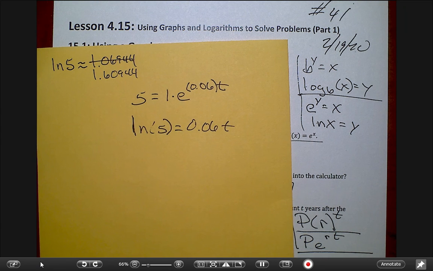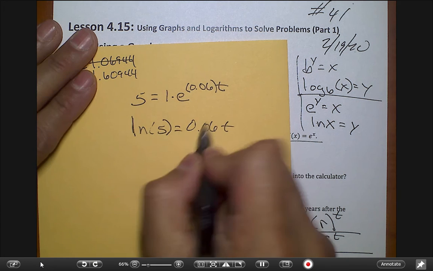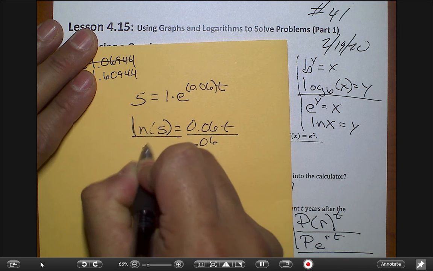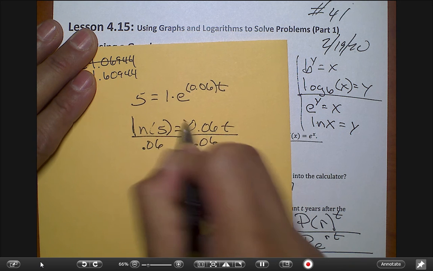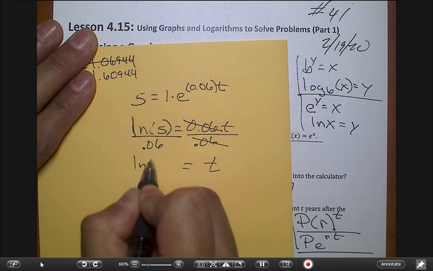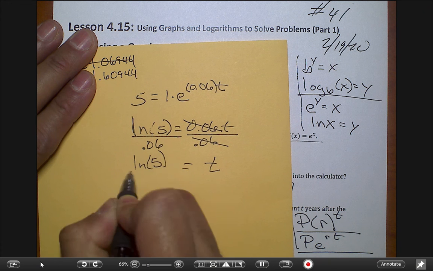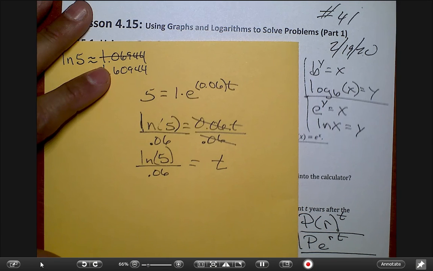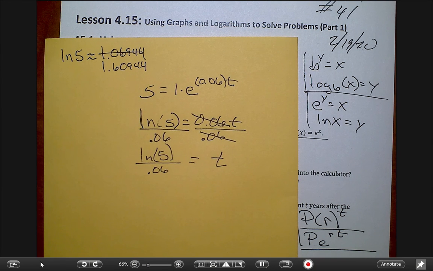Now, we're trying to solve for t, aren't we? So what would I do to solve for t? Very good. Divide by 0.06. Now we have a value for t.